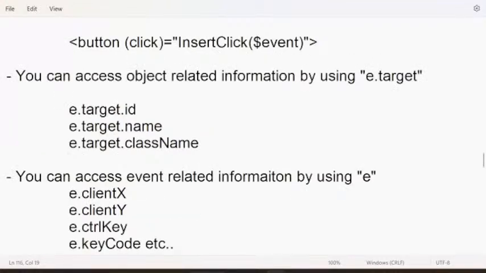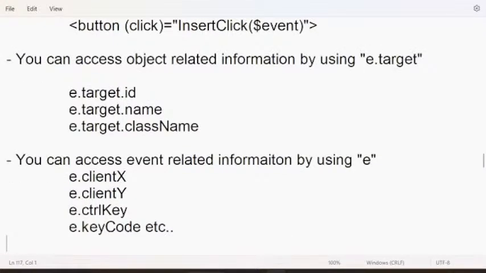Previously in JavaScript it is managed by two objects. Now in Angular it is managed by only one object. And here you don't have this and event. Instead of that you have to use $event.